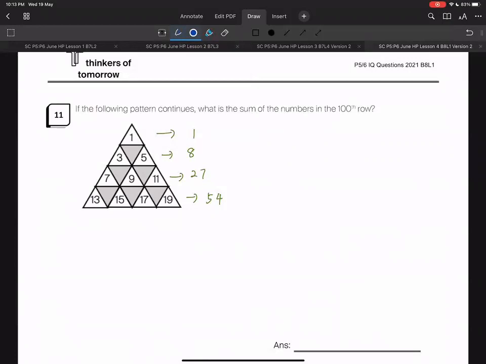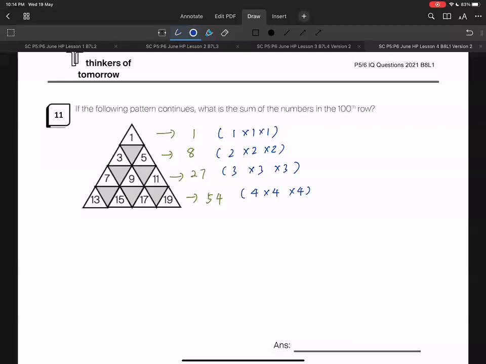So for the first row, we have 1 cube, 1 times 1 times 1. In the second row, we have 2 times 2 times 2, which gives us 8. In the third row, we have 3 times 3 times 3, which gives us 27. In the fourth row, we have 4 times 4 times 4, which gives us 54.